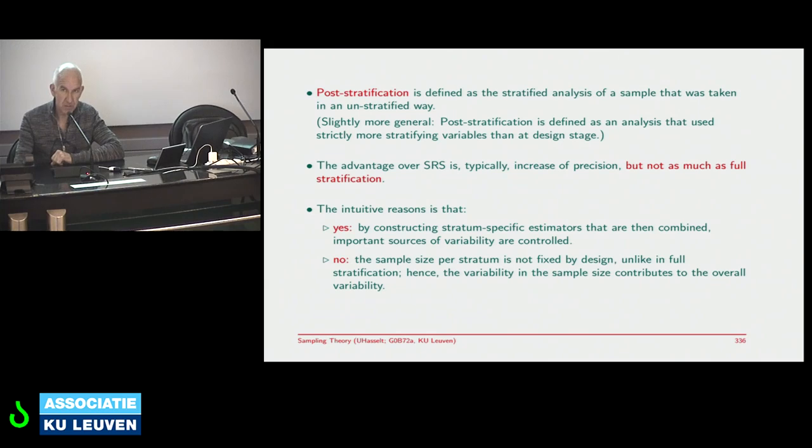You can do it at the final stage only, but the right question to ask is, do we suffer from it? Do we pay a price? The answer is, yeah, but mildly. The thing is, if you pre-stratify, for example, according to region, you fix the sample sizes per region. There's nothing variable, nothing random in the number of people from Flanders.